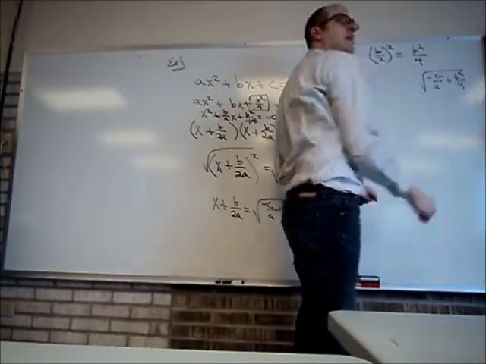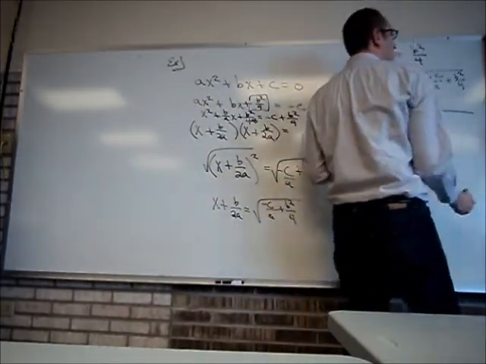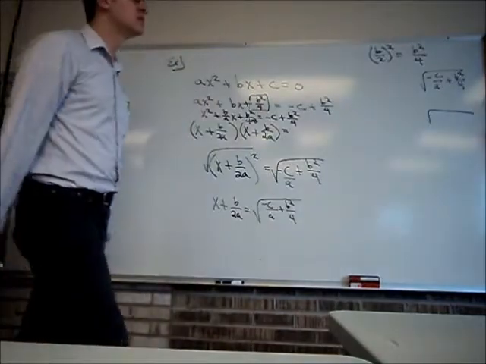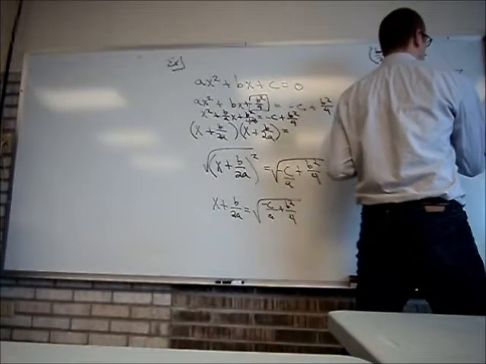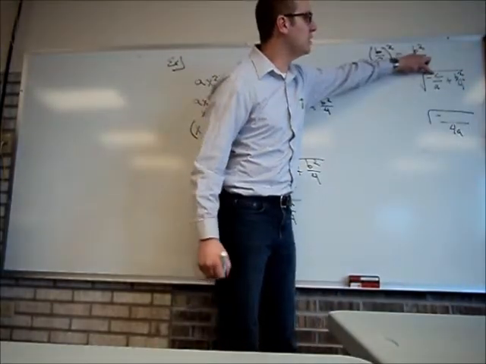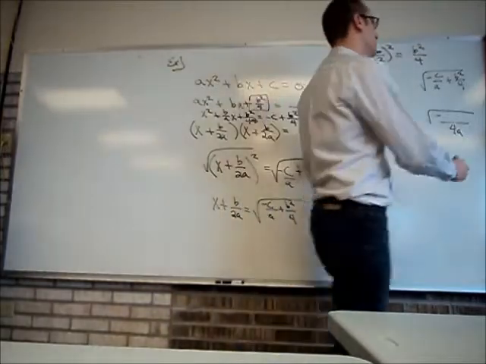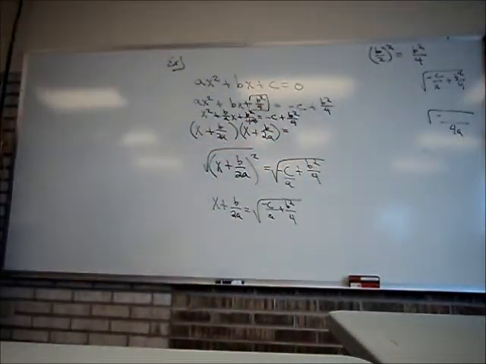This fraction needs the a. So my common denominator here is going to be 4a. So that c, he needed a 4, right? No. b squared minus c over 4a.